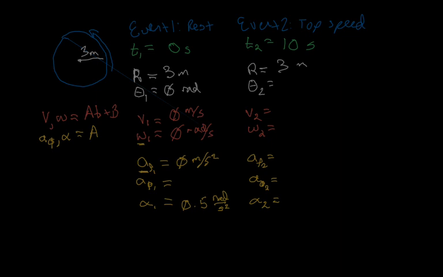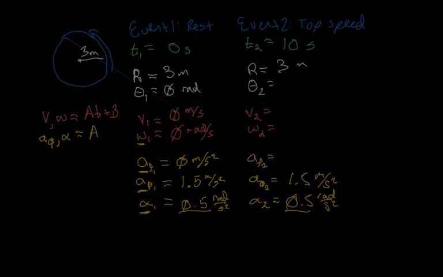Now, if that is true, you can refer back to the earlier relationship between A and alpha, and you know that A is equal to R times alpha, so it's going to be 3 times that, or 1.5 meters per second squared. And because that's a constant function, it's not going to change in the next little bit of time. So this will stay 1.5 meters per second squared, and this will stay 0.5.